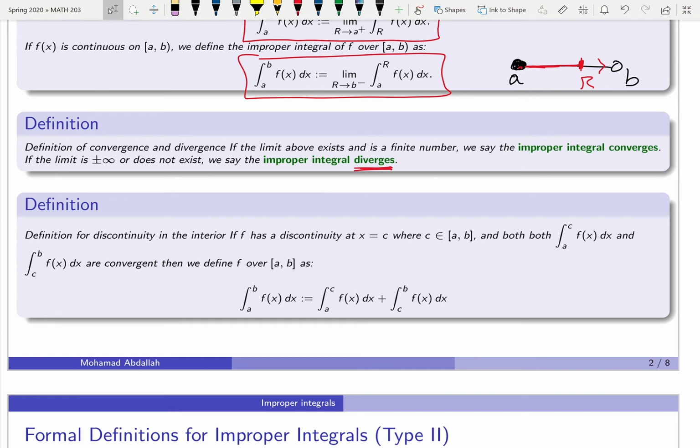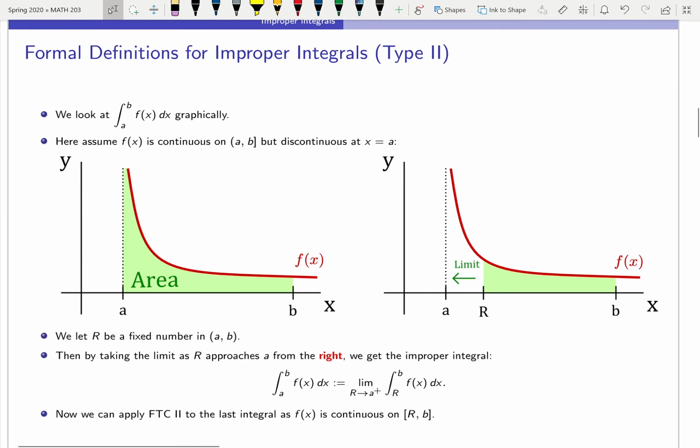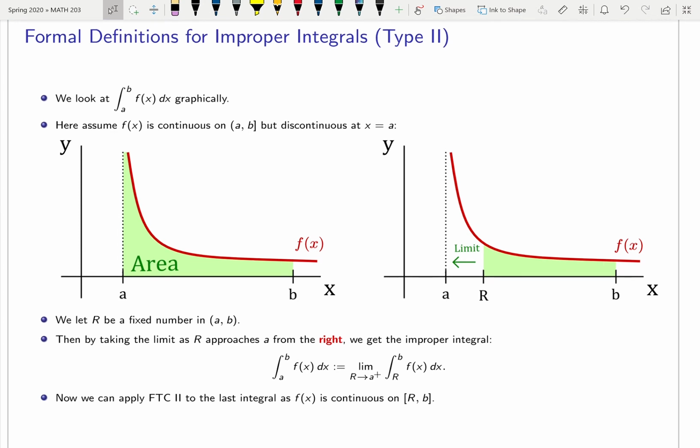So we find the integral from a to c and then from c to b. If both integrals are convergent, then this integral will be convergent. If at least one of them is divergent, then the original integral will be divergent. Okay? So this is what we just explained here graphically.